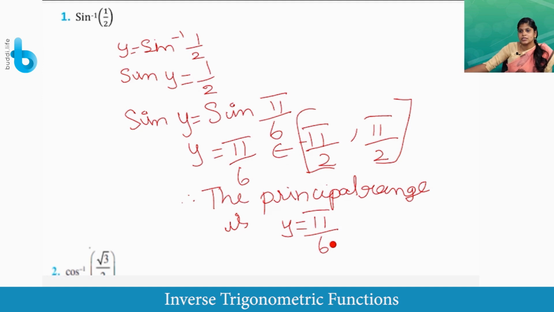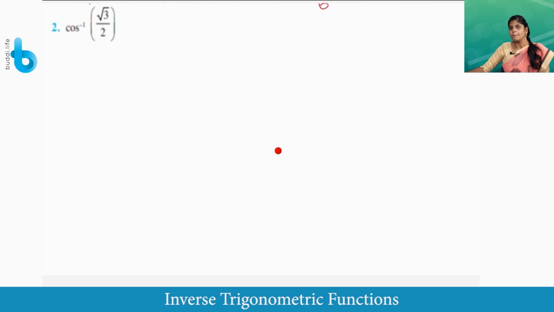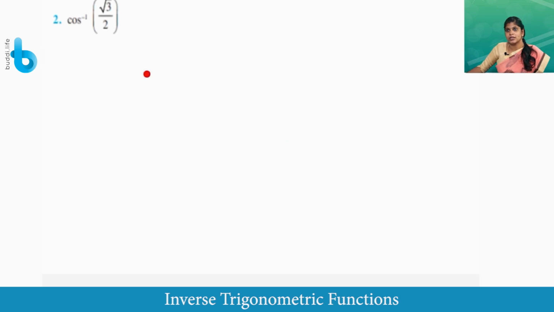Okay. Now we'll move on to the next sum, which is cos inverse root 3 by 2. Again the same thing. Let y equal to cos inverse of root 3 by 2.